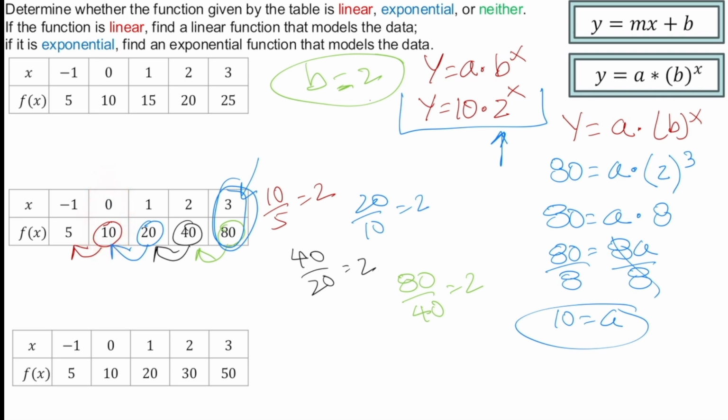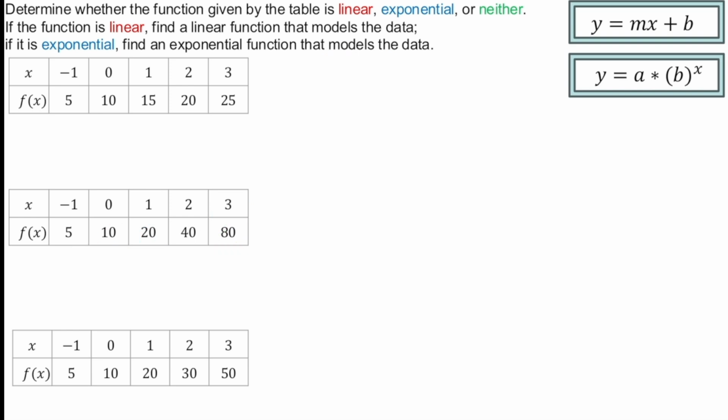Okay? Let's take the last one. Let's find what's happening in the y values. This is plus 5. This is plus 10. Right there, because it's a different increment, it's not linear. Let's check if it's going to be exponential. We do the common ratio. Let's divide this by the 5. 10 divided by 5 is 2. 20 divided by 10 is 2.